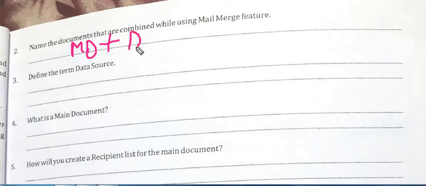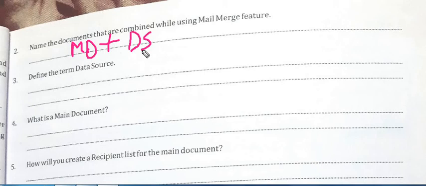Obviously data source. Main document means whatever invitation you want, you will have common in all the letters, and data source is the different thing like name, addresses, which is different for every recipient.